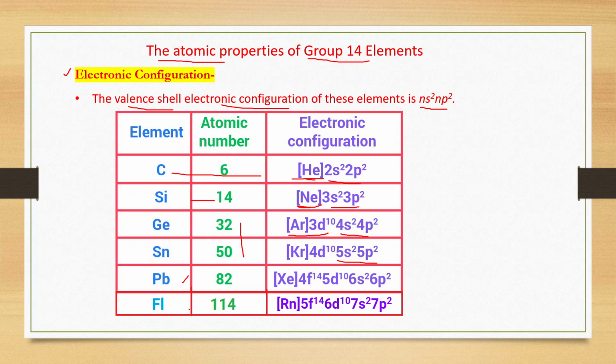In case of lead and Fl, the inner core contains xenon, then f electrons and d electrons. In the same way, in Fl this is radon, 5f, that is 14 electrons in 5f subshell and 10 electrons in 6d subshell, and this represents the outermost shell electronic configuration 7s2 7p2.